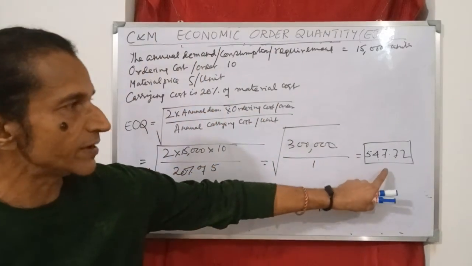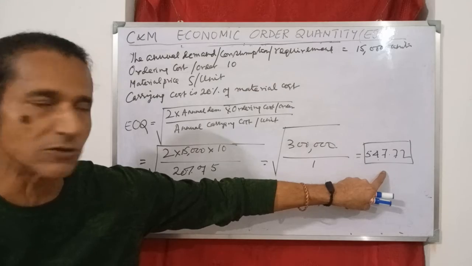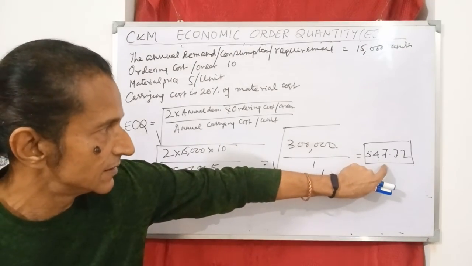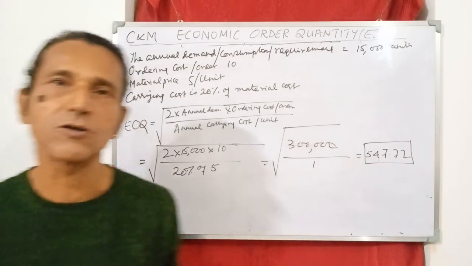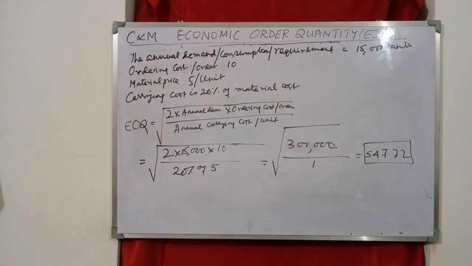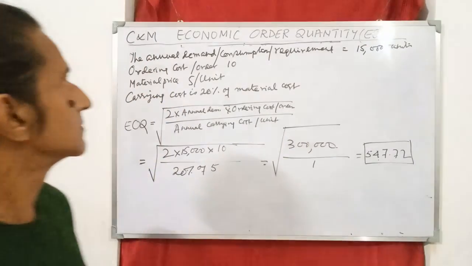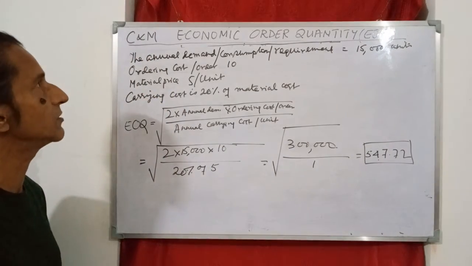By ordering this much in one order, the firm will be minimizing the inventory cost. That is, for this order size, the ordering cost will be exactly equal to the carrying cost, right? So this is enough for economic order quantity.